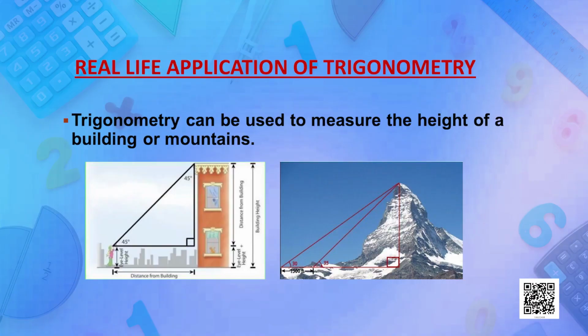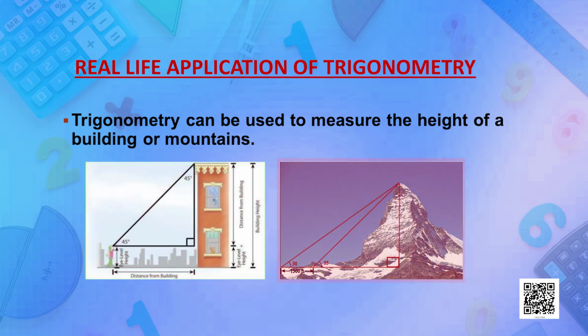Now, we are going to study about real life applications of trigonometry. Trigonometry can be used to measure the height of a building or a mountain. As you can see, this is a building and we are making a right angle triangle over here. So, we can easily measure the height of a building.